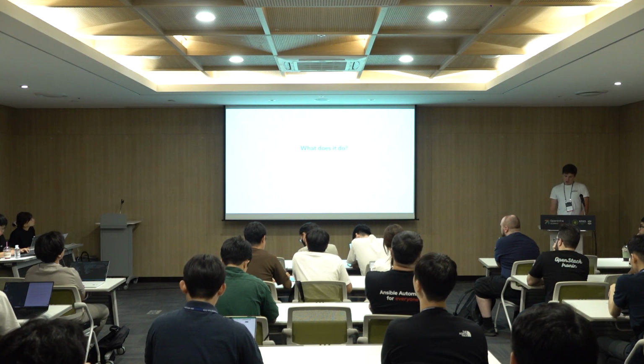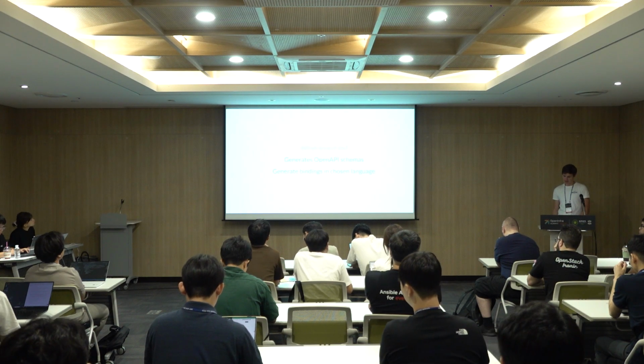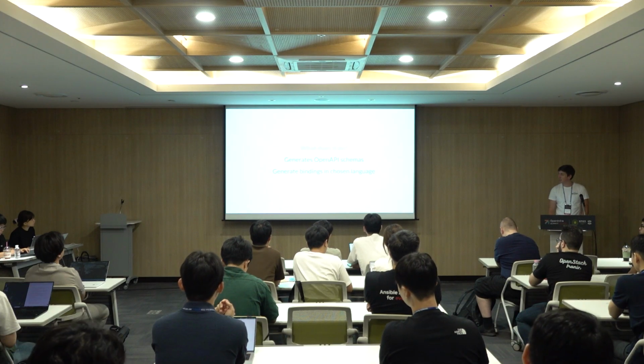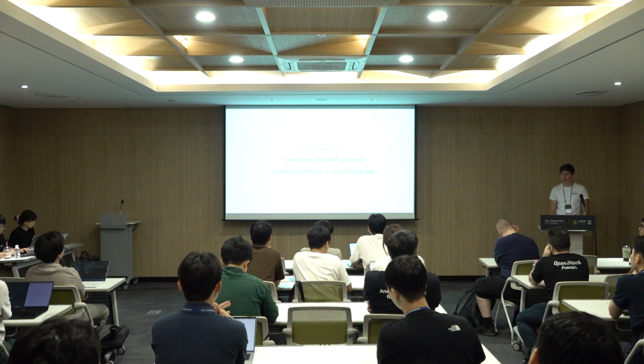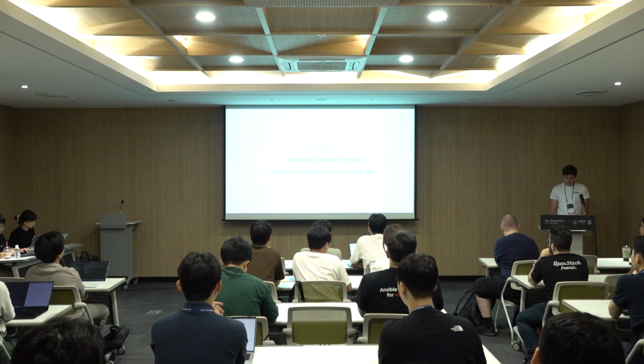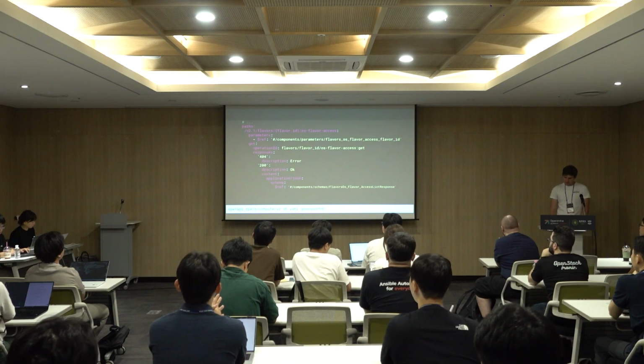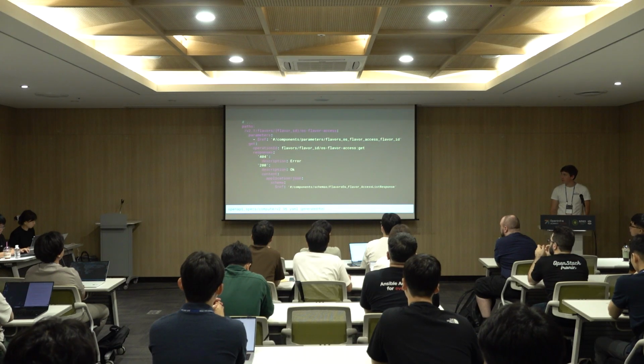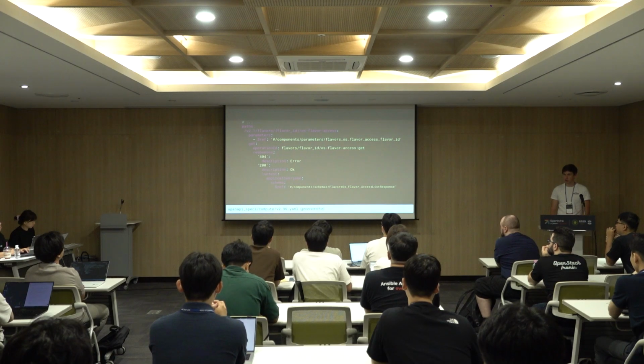The way that it goes about doing that, it can generate OpenAPI schemas, and it can generate bindings in chosen languages, including good languages like Rust. This is an example of one of the things that Code Generator is able to generate at the moment. This is a snippet from a generated OpenAPI schema for the Nova project.